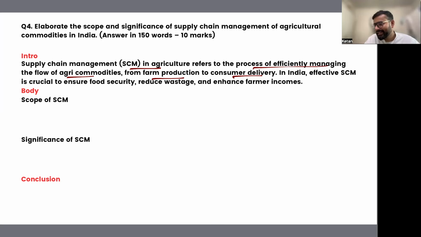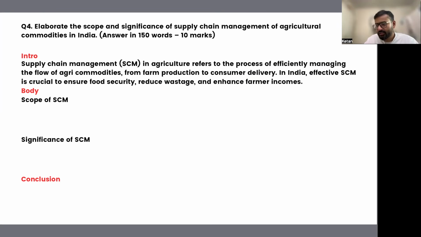Now, in India, effective supply chain management is more crucial to ensure food security, because there are so many people living in India. It is also needed to reduce wastage, because a lot of post-harvest losses are experienced in India, as these are perishable agricultural products. So, to reduce wastage and to enhance farmers' income, supply chain management is necessary. So, this can be a good introduction.